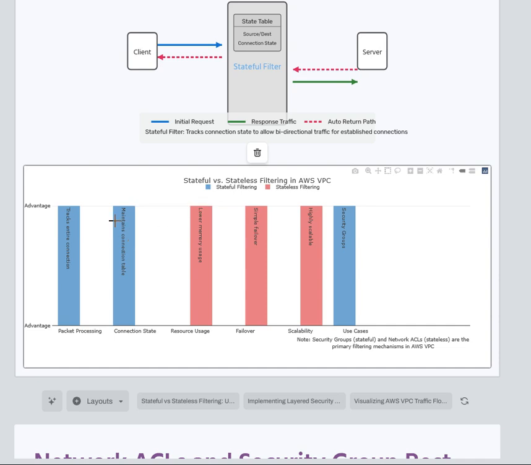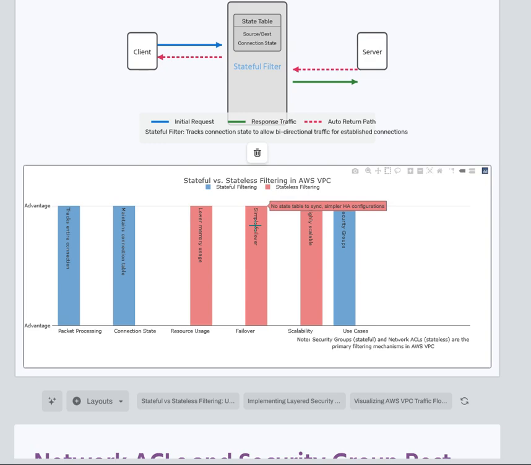So this one is the packet processing: examine the packet in the context of previous packets, right? And the stateless one requires less memory and doesn't track connections. Resource usage is less in a stateless connection.